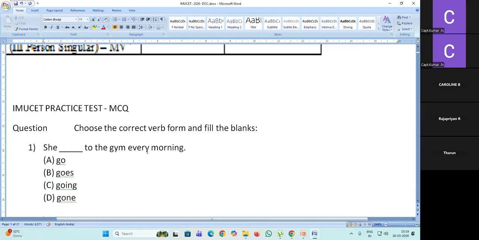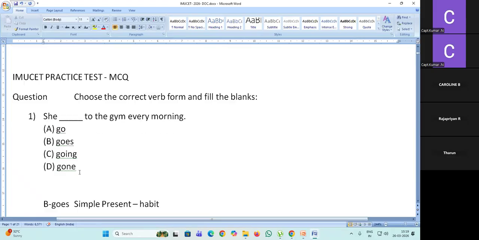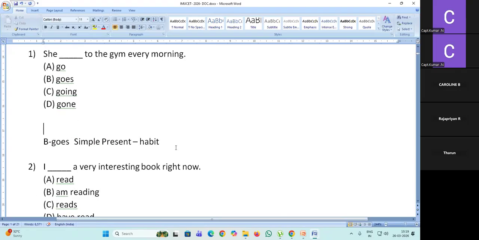Again, here you see the adverb every morning is there. So they are talking about regular activity or daily routine. So what verb will come there? Can you guess? Goes. She goes to the gym every morning. Yes. See here, the answer is goes because it is telling about the habit or daily routine.